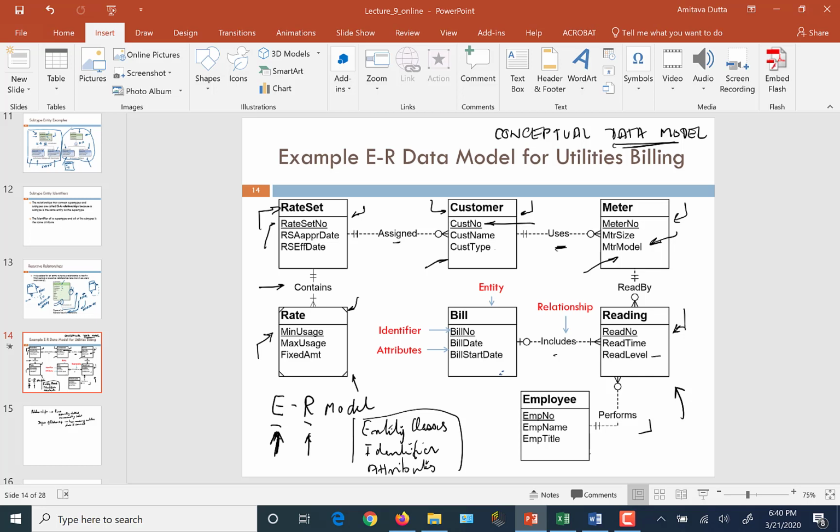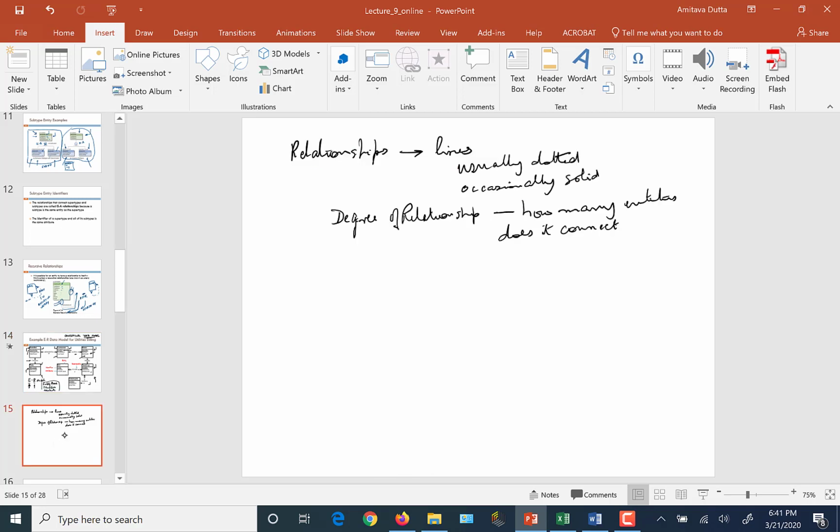Coming back to the degree of the relationship, the degree is how many entities the relationship is connecting. By far the most common type of relationship is the binary relationship, which connects two entities.